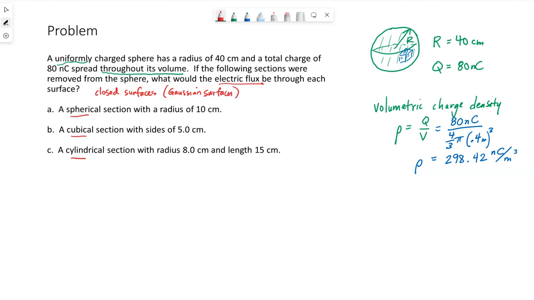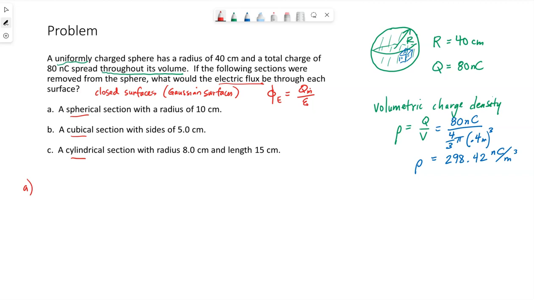And Gauss's law tells us that the electric flux through any closed surface can be determined by knowing how much charge is located within that surface divided by epsilon naught, our constant. So let's look at finding these.